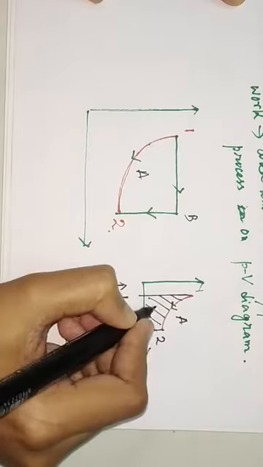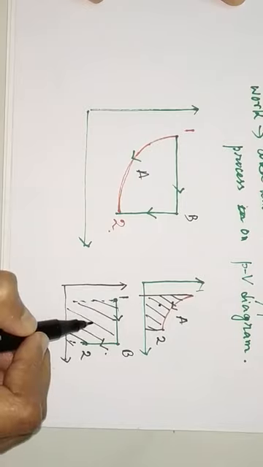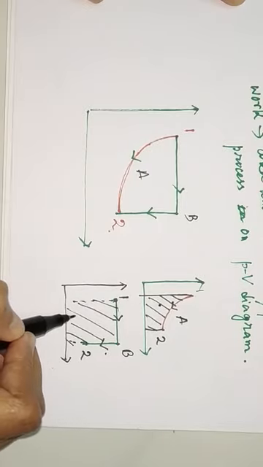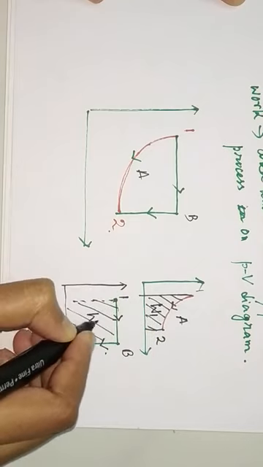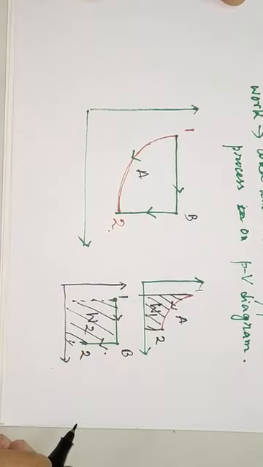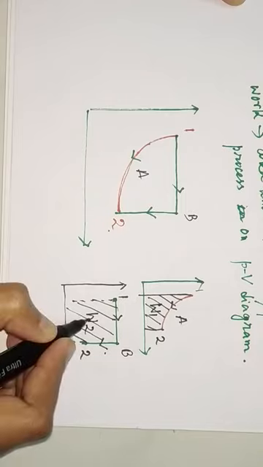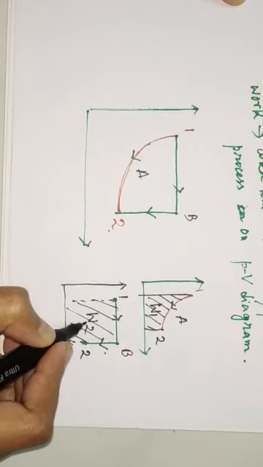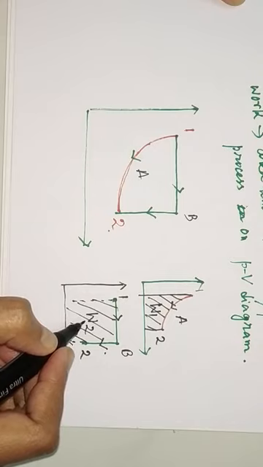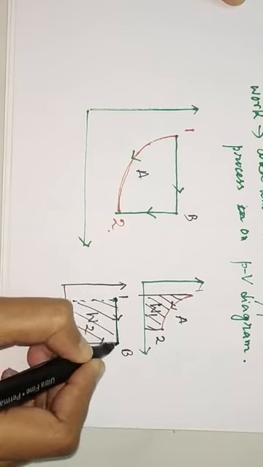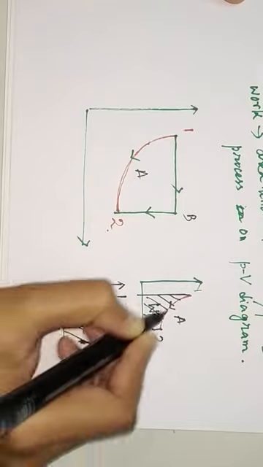So it is very evident that these two areas are completely different from each other. If you could calculate these two areas, you will see that they have different values. Thus thermodynamic work done is a path function, that is, it will depend on which path is taken.